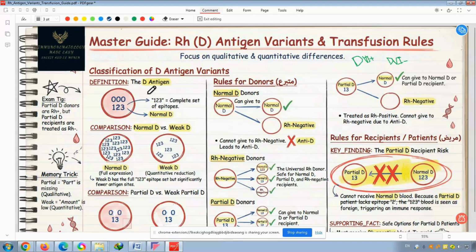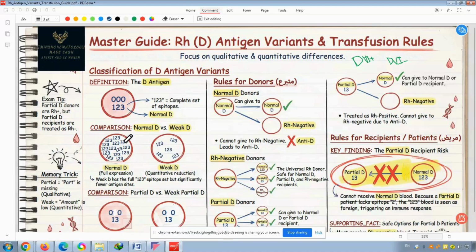First, let's consider that this D antigen is composed of this entire structure as a whole, meaning its normal structure consists of 3 parts together: 1, 2, and 3. All of this together is what constitutes the D antigen.